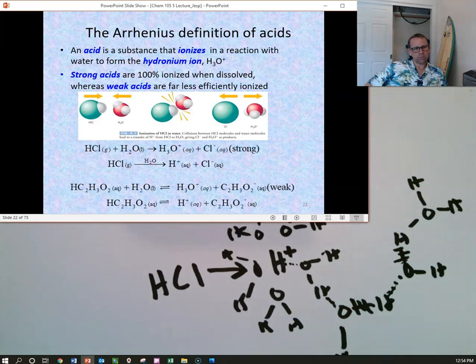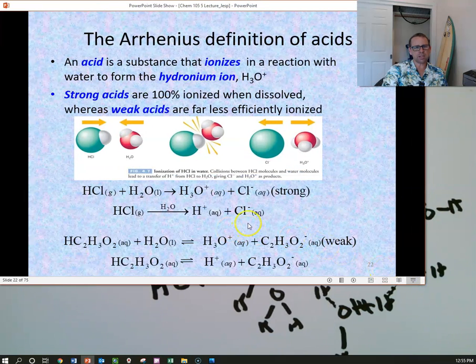Okay, so acids are molecules that ionize, and when they ionize, they release a hydrogen ion. There are strong acids and weak acids. And just like a strong electrolyte was a compound that dissociated really well, a strong acid is an acid that dissociates completely.